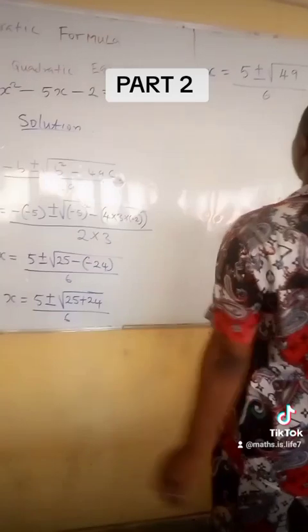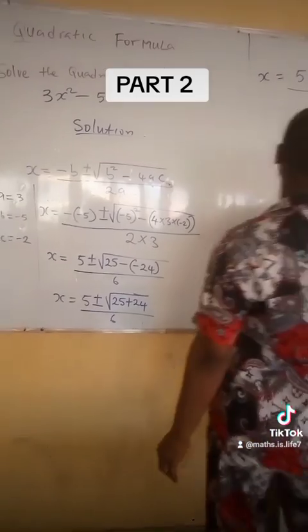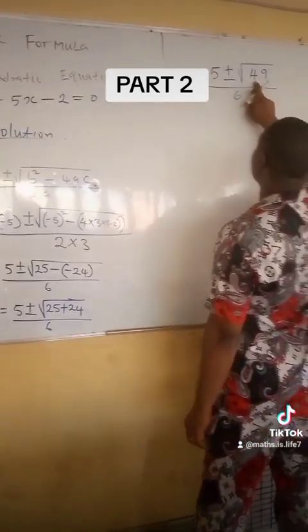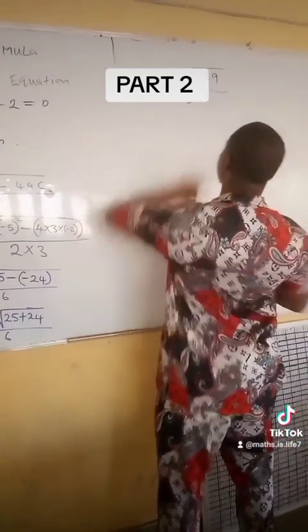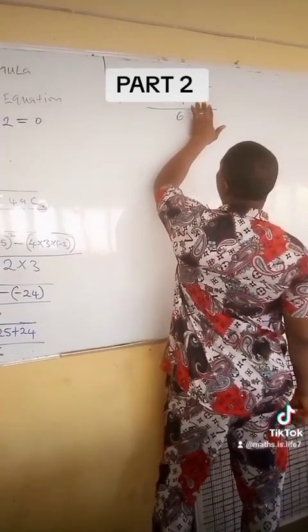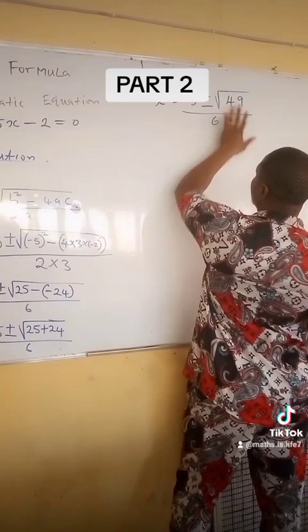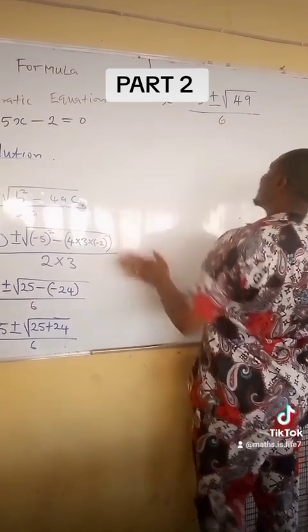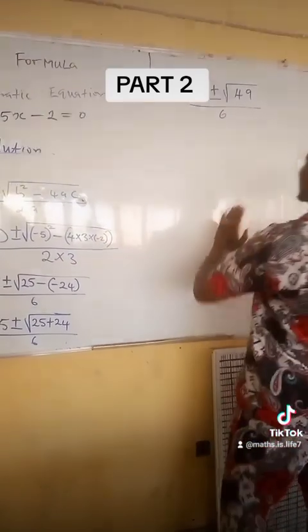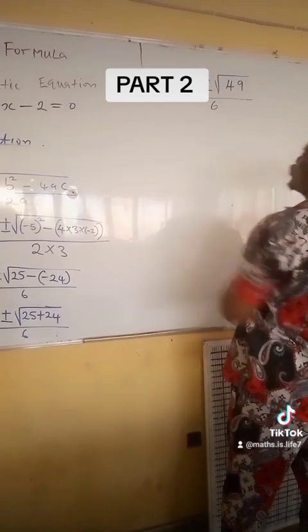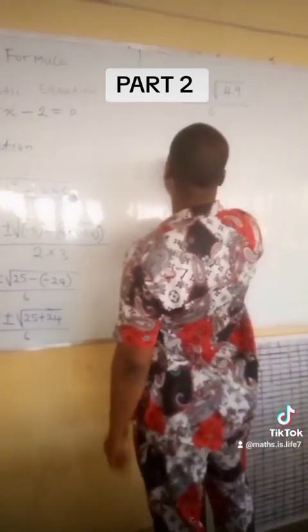Now, what is next? If the number inside the root is a perfect square, then you take the square root and you move ahead. A perfect square is a number whose square root is also a whole number.